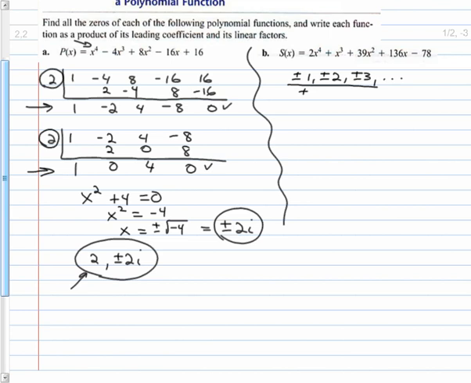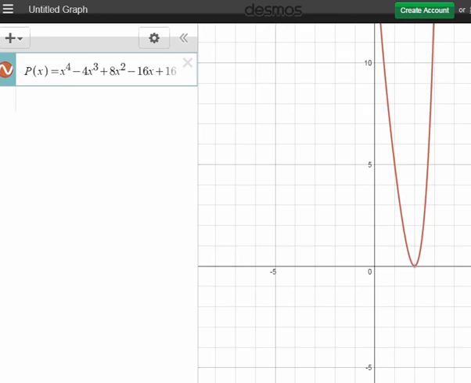Over, not only do I have over 1, but I also have over 2. So I can have not only the 1, the 2, and the 3, but a 1/2 and a 3/2, etc., going on like that. And again, I start out by using a graph to help me isolate possibilities.